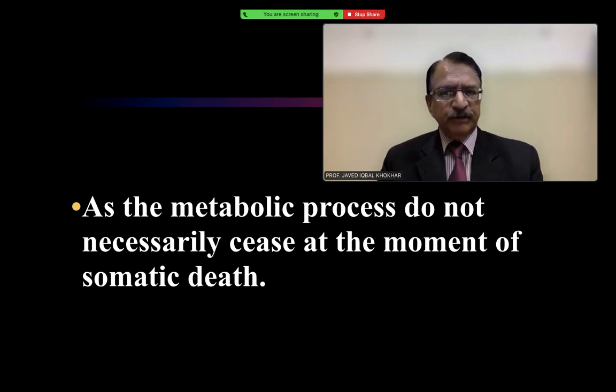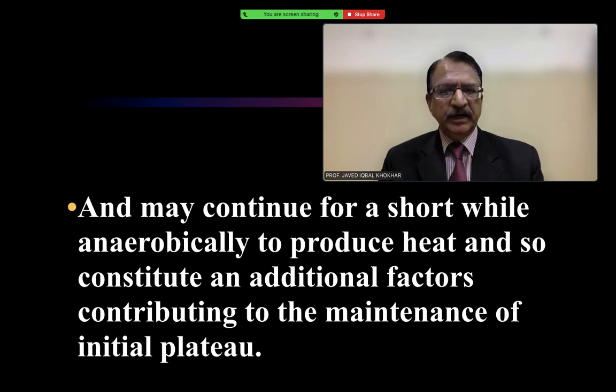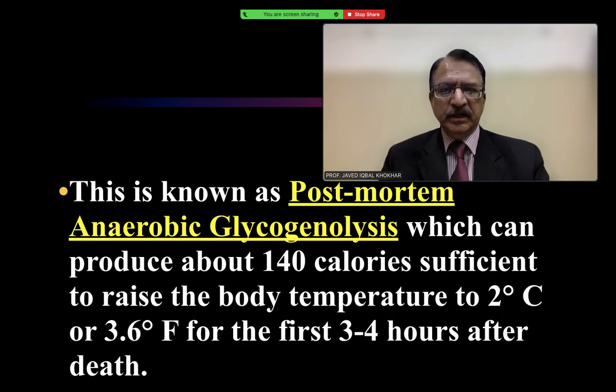The metabolic process does not cease at the moment of death, but the anaerobic processes carry on. And this is the factor responsible for the maintenance of the initial plateau, the maintenance of the temperature initially.